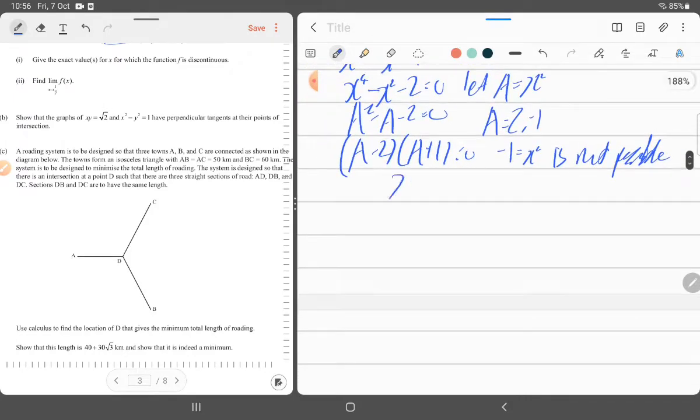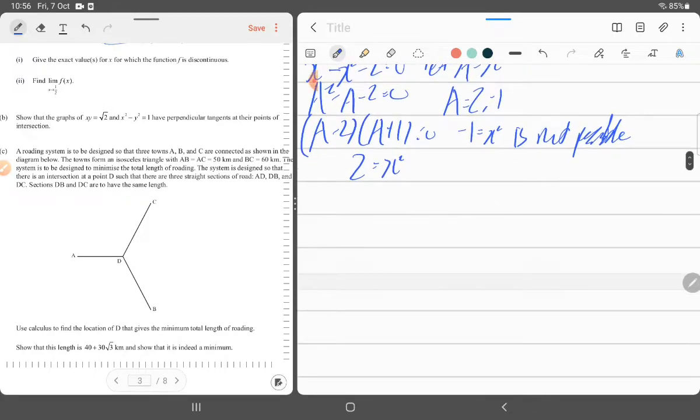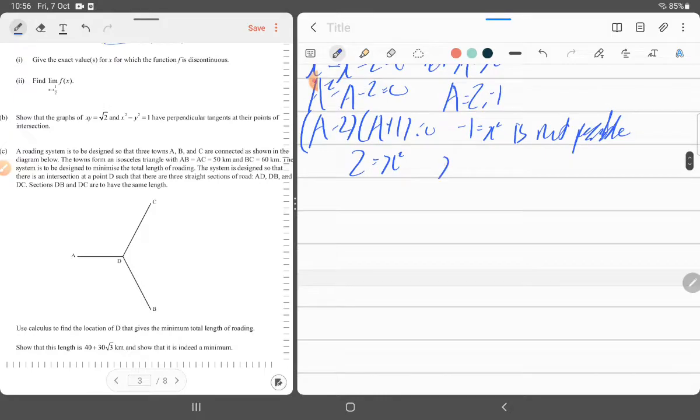Therefore, 2 is equal to x squared. And x is equal to plus minus square root of 2.